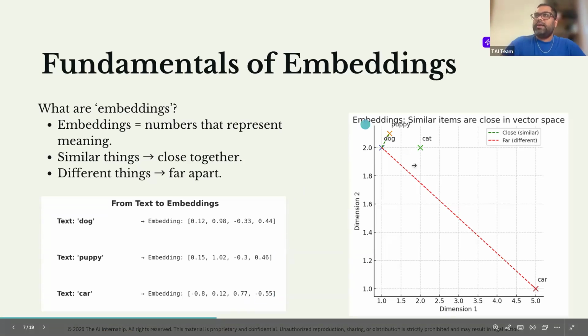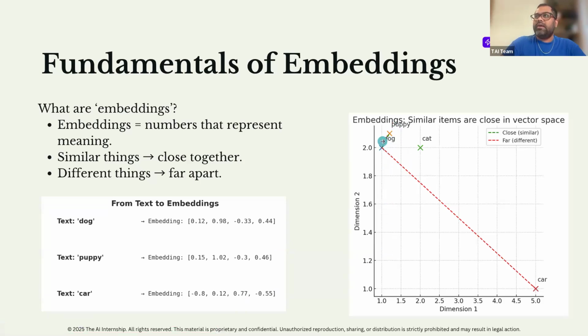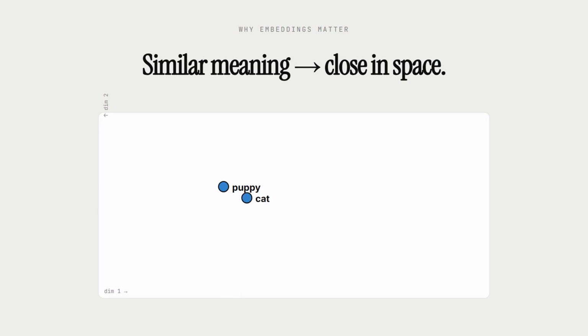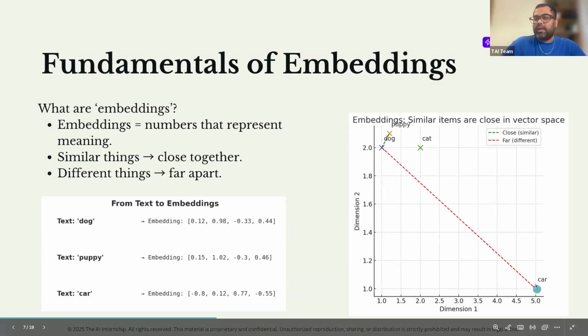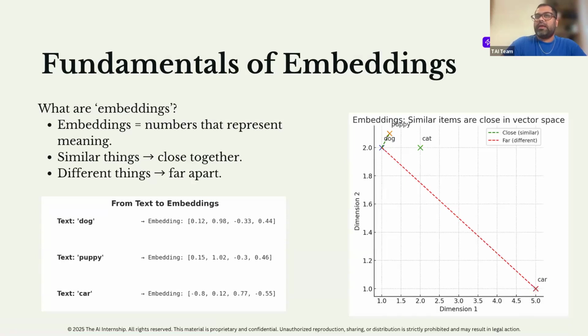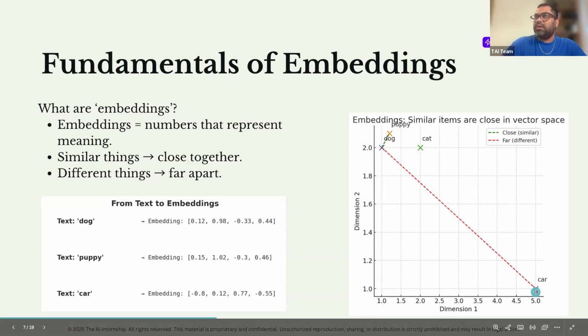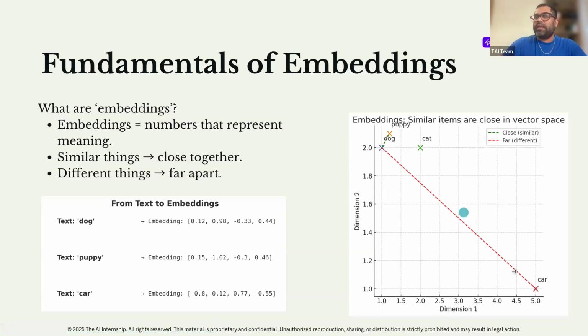The idea here is that in this position, the dog is here, puppy is here, and cat is also quite close by. But you can see the car is far apart, because in meaning these two are quite apart, as the embedding values show that there's not much semantic meaning between these two.